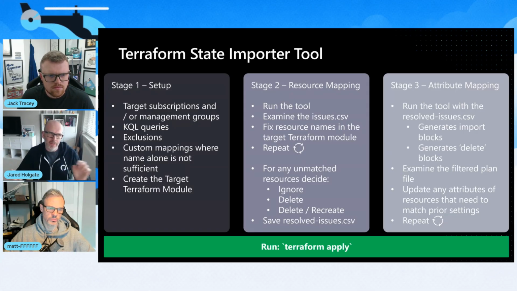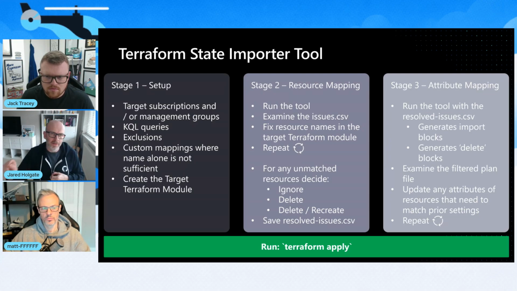So there are three different combinations, and then the multiple one as well. For each of those, you need to decide what to do. You can fix it in your configuration for your AVM module, which is the best thing you can do. Make sure the names match and everything, and then you run the tool again, and those things will disappear out of the issues file.